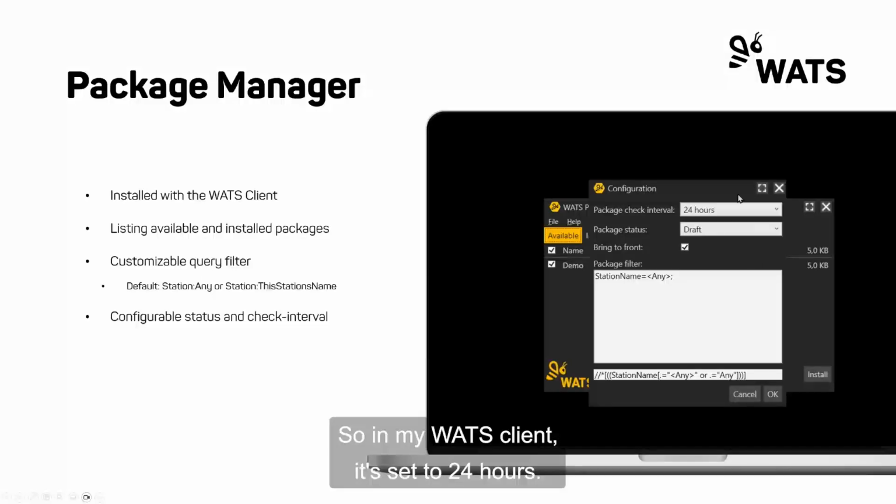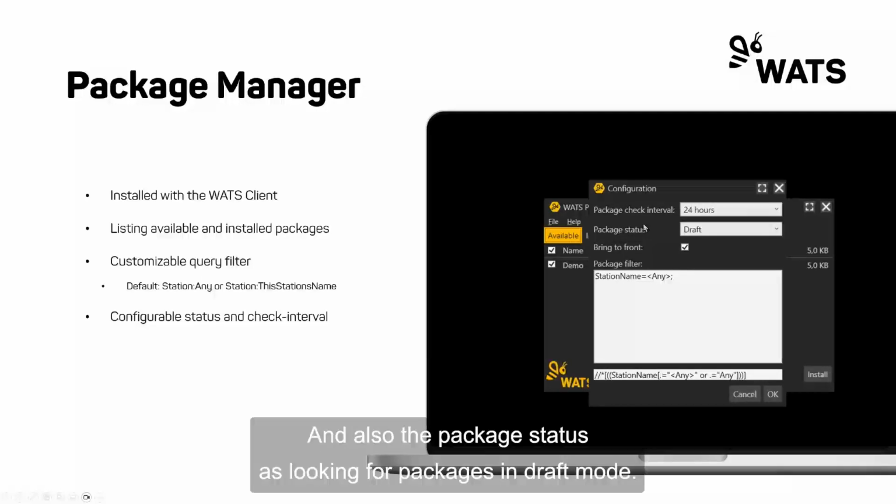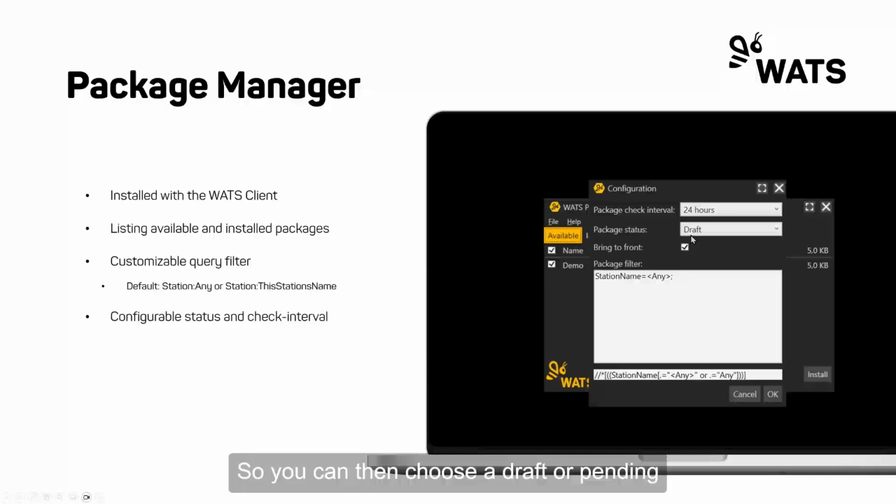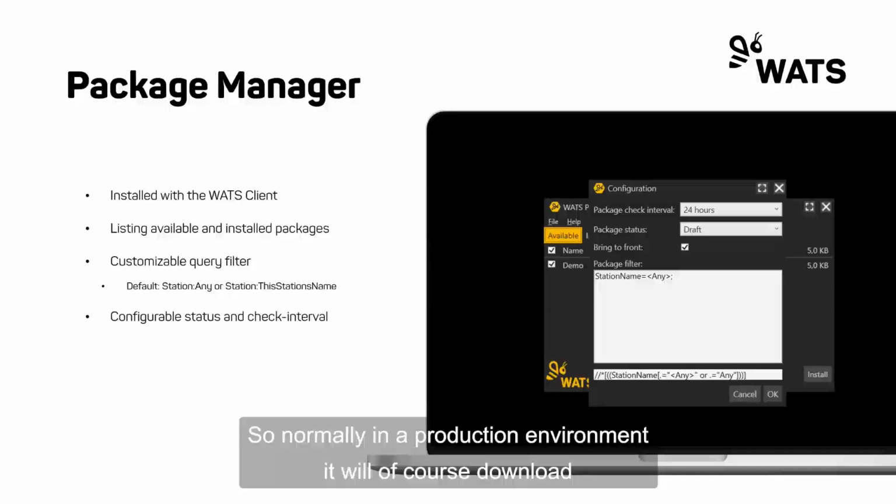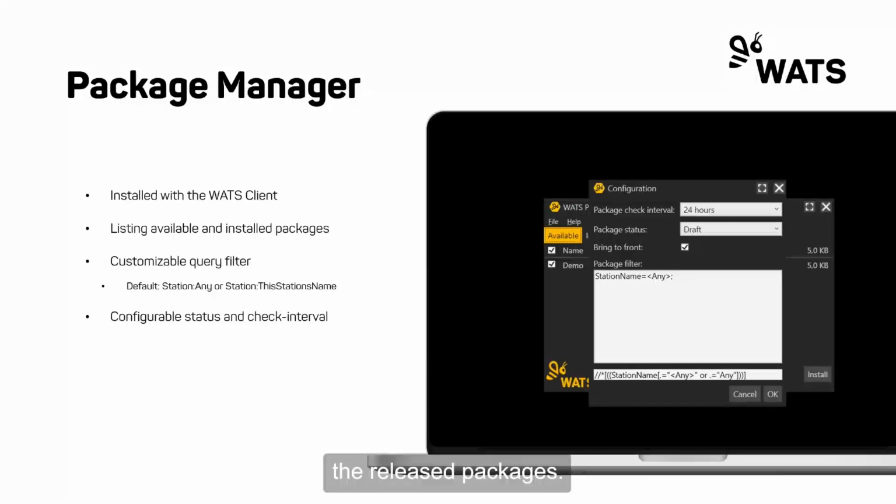In my WATS client, it's set to 24 hours, and also the package status that's looking for our packages is in draft mode. So you can then choose draft or pending or released packages to be downloaded. Normally in a production environment, you will of course download released packages.